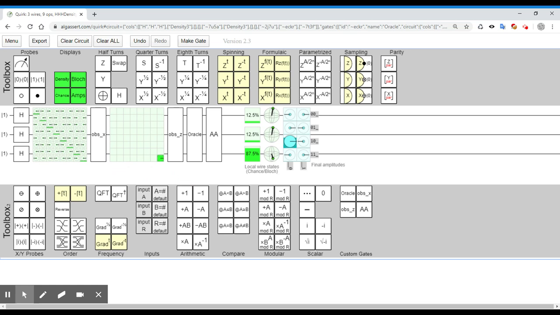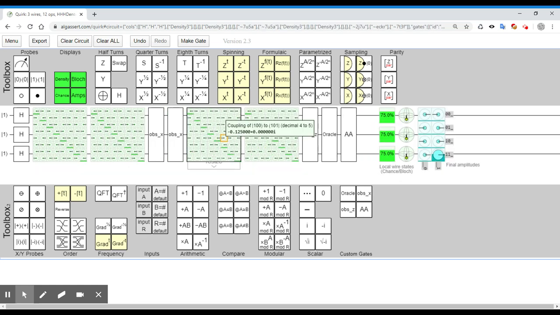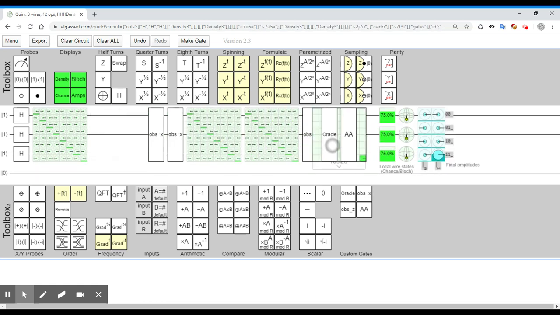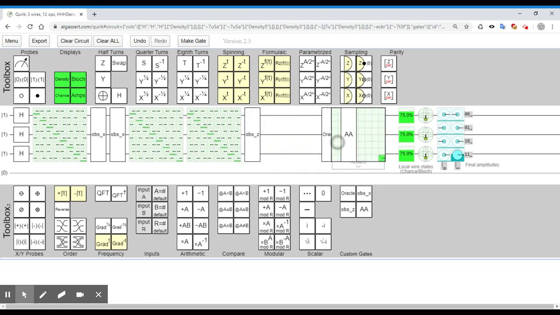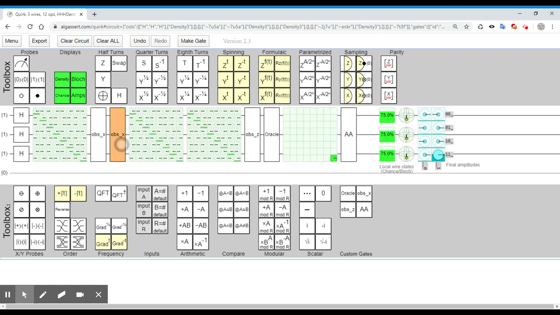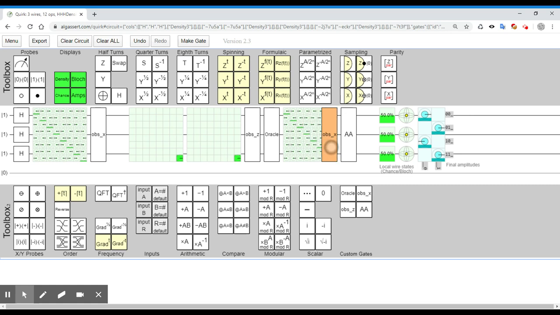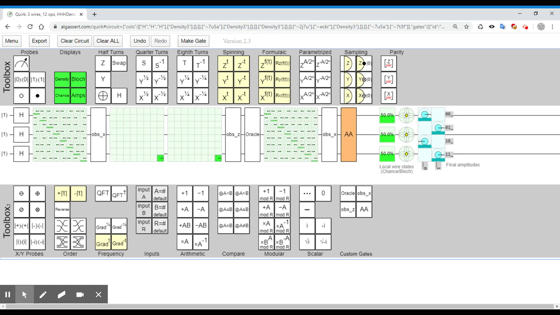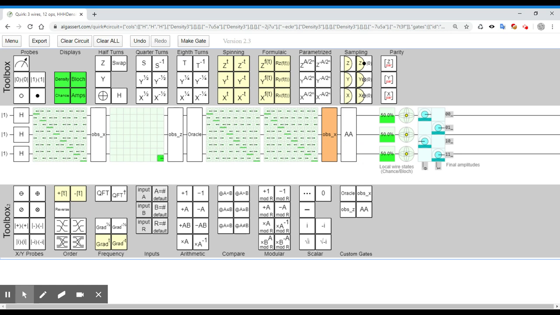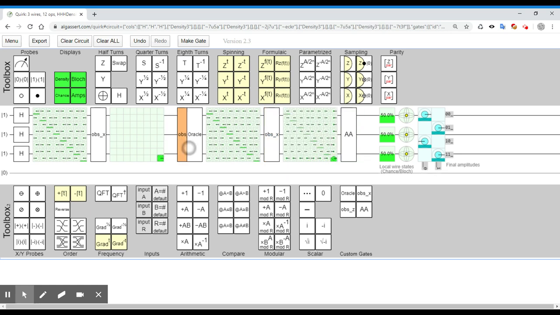If I do the same after applying the oracle, so I basically copy these, copy these, copy these. So after applying the oracle, this, this, oh come on, this.